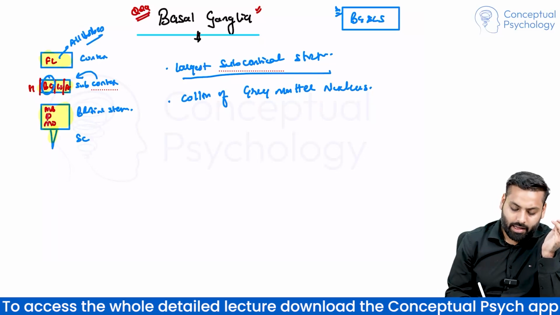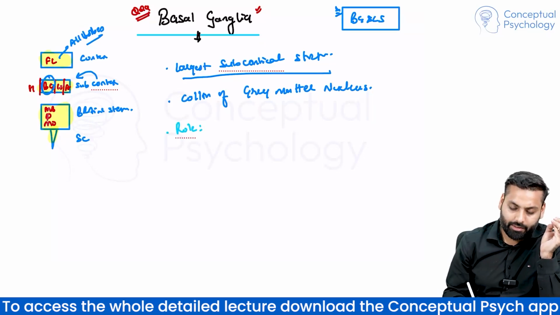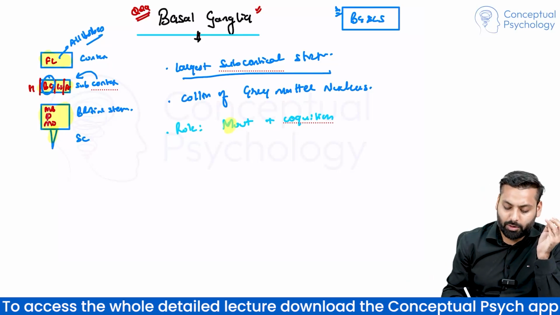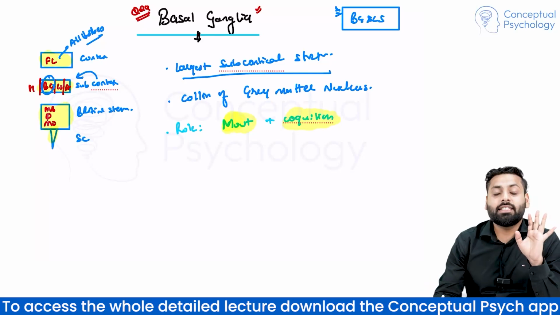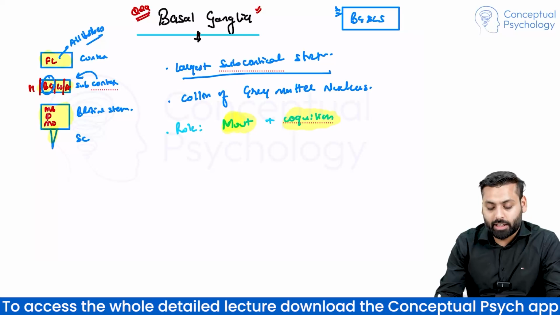Then what role does it have? It has a role in movement, cognition, and many other features, but the main role is in movement and cognition. Fine. This is just the basic. I will go slow in this lecture so that you understand everything.